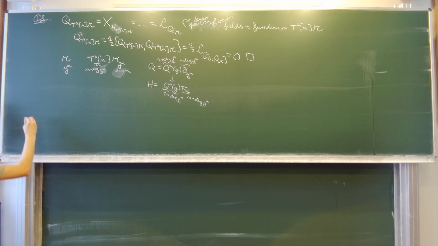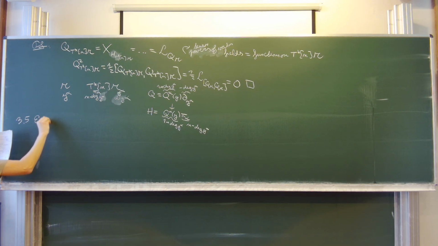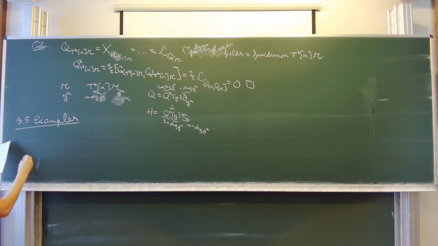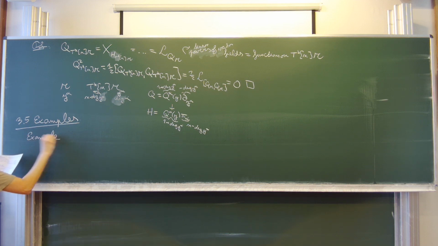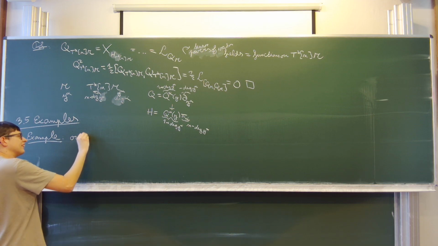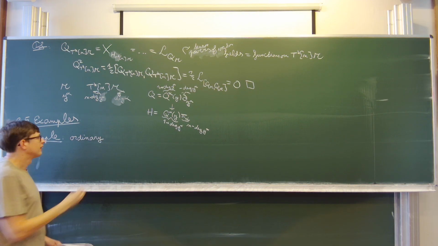Okay, now let's see the examples. The first example is, well, ordinary manifold. This is an example for Tomasz, but I forgot that Tomasz is not here today.